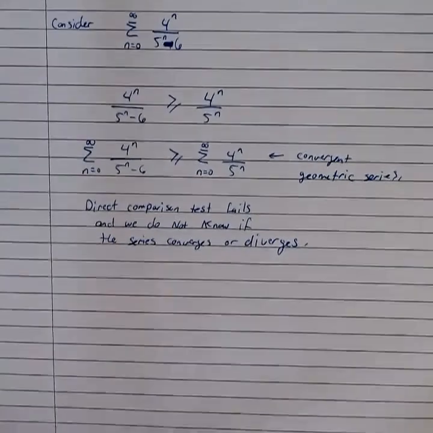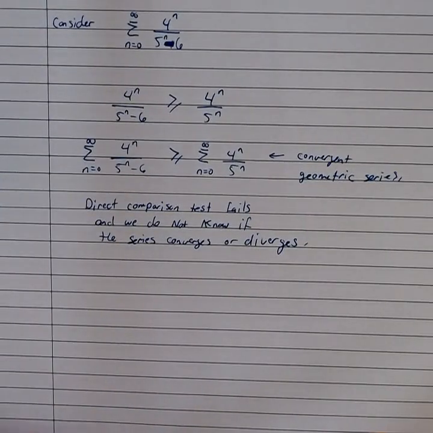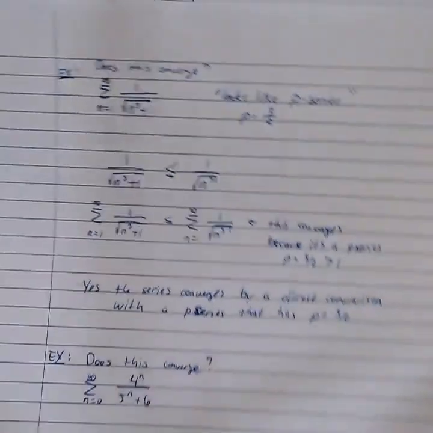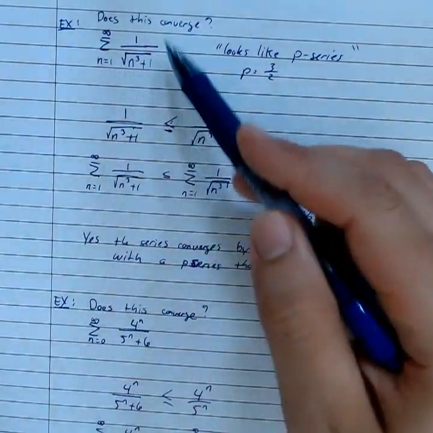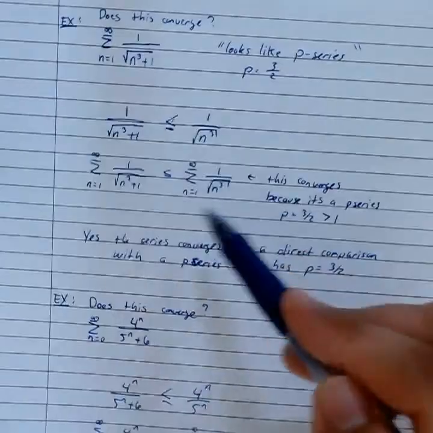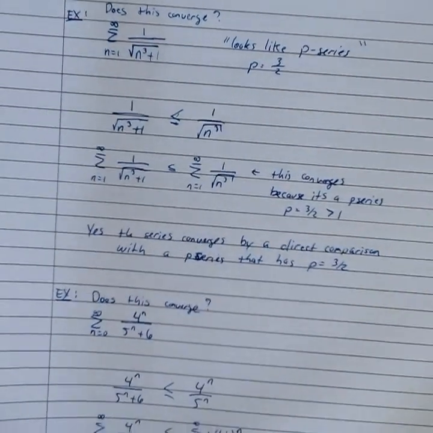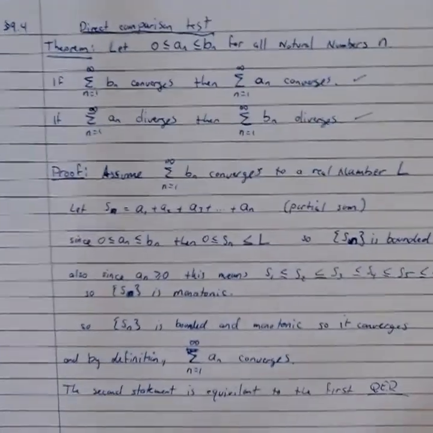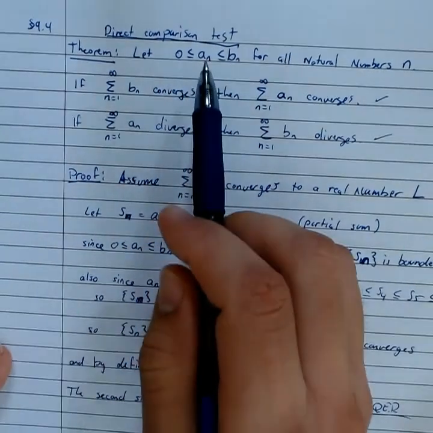All right. So the direct comparison test is a very nice and very powerful way of simplifying the nth term. If you have something that almost looks nice, you can compare it to the one that does look nice. But you do have to be mindful of your inequalities. The inequalities do have to fit this way.